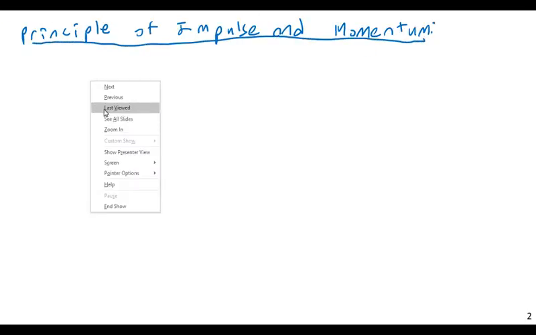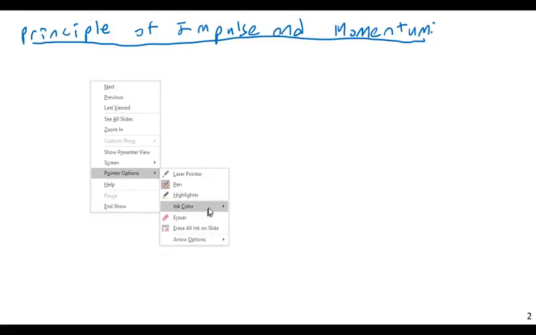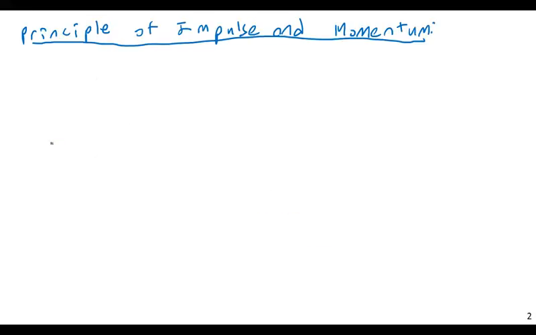Well, consider something like this. Imagine you have an object at one moment in time. It has an mv1. M won't change, but let's say mv1.